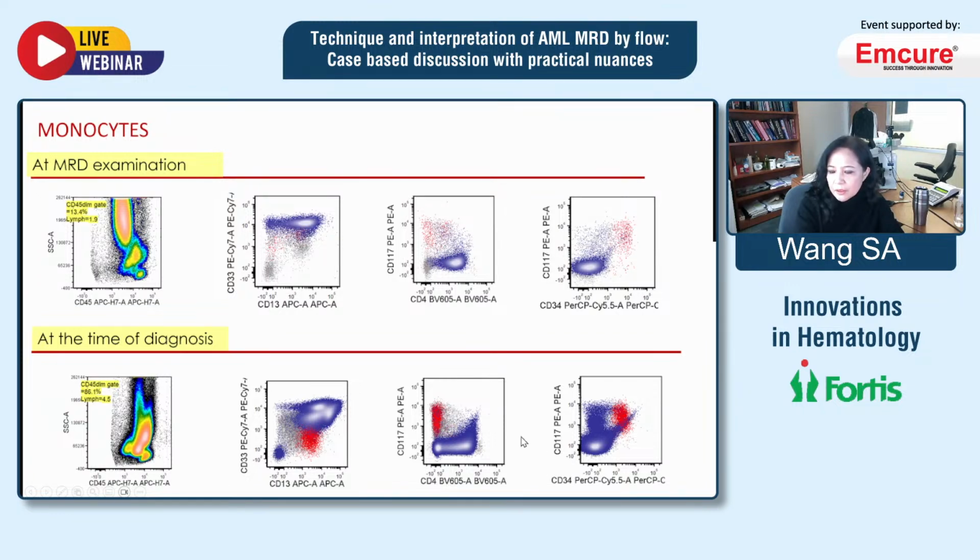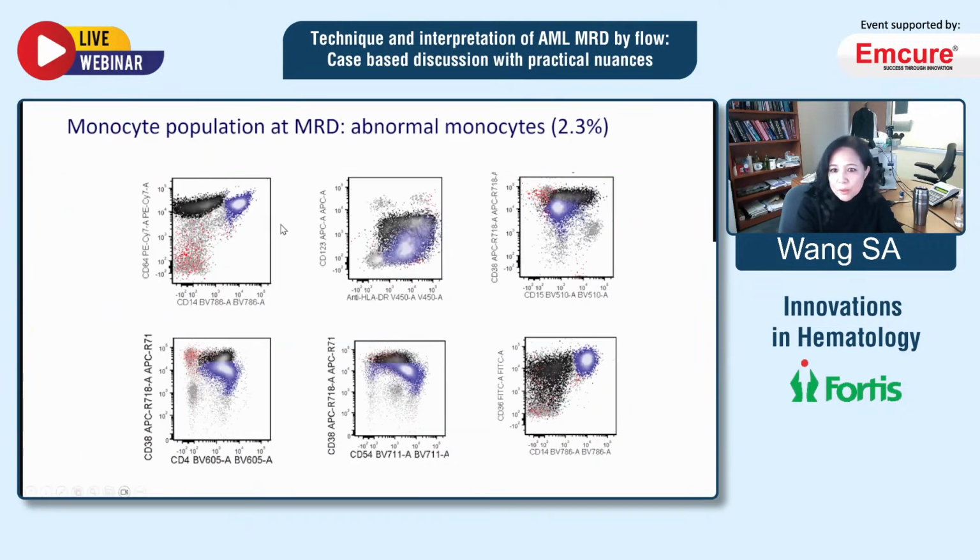However, you just have to continue to look at the monocytes. When we look at the monocytes, the CD14, the black population, is negative. They also have increased CD123. This is normal monocytes versus abnormal monocytes. Also increased CD15.